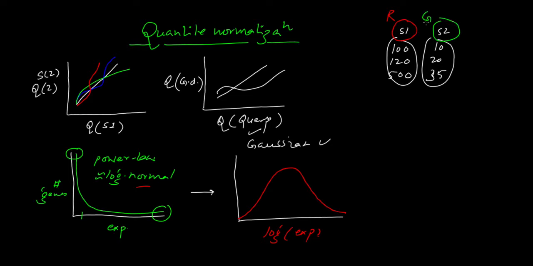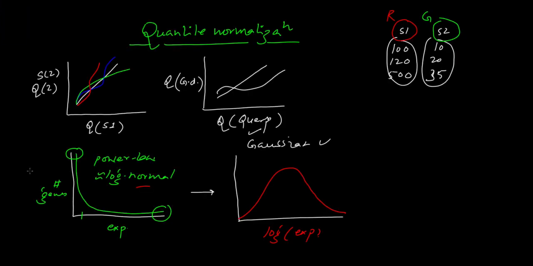And then how can I normalize these two vectors? All right, quantile normalization is a very easy one. It's not really difficult to understand.